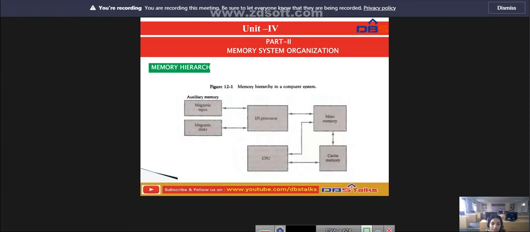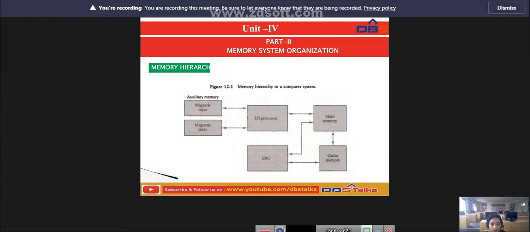Next, multi-programming. What is meant by multi-programming? Many operating systems are designed to enable the CPU to process a number of independent programs concurrently. This is called multi-programming. It refers to the existence of two or more programs in different parts of the memory hierarchy at the same time.